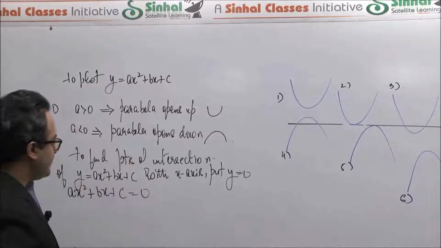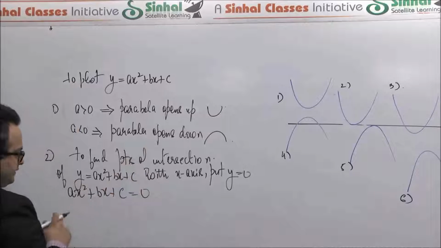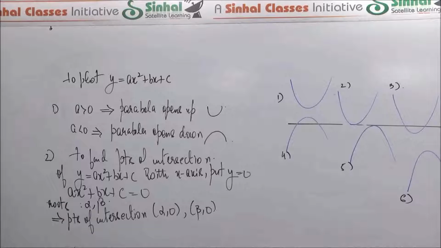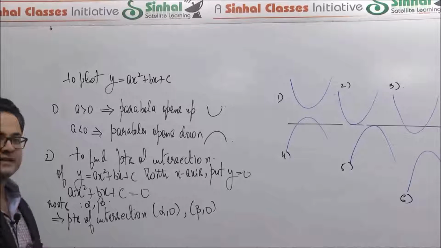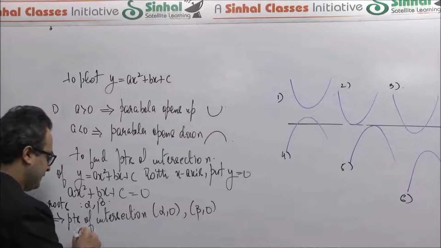The roots of this quadratic will give us the points of intersection. If I solve it and the roots turn out to be alpha and beta, then the points of intersection are alpha comma 0 and beta comma 0. Obviously, these points of intersection will only exist if alpha and beta are themselves real.